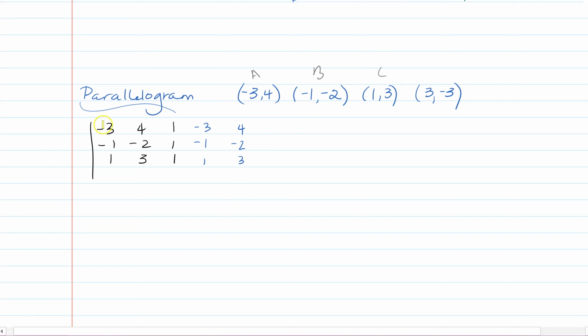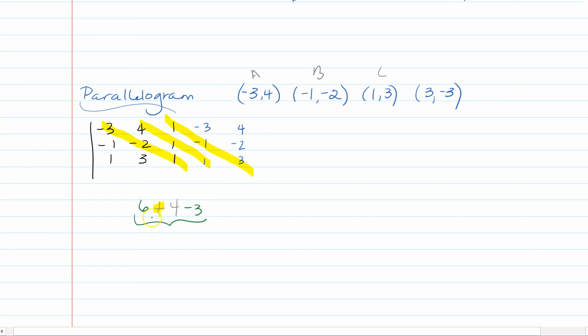It's not that bad, it's really not. So look, -3 times -2 is 6, and then you're going to add 4, so it's +4, and then you're going to do the third one, and that's -1 times 1 is -1 times 3 is -3.